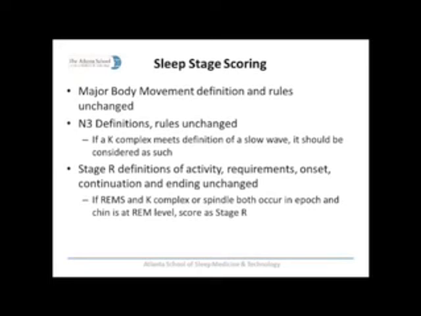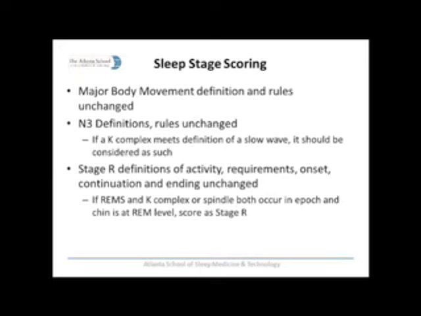That's pretty much as it was laid out in the original 2007 scoring manual. The clarification noted is that in the scenario where we begin in N2, we continue in epoch 26 in N2 with the arousal toward the end.